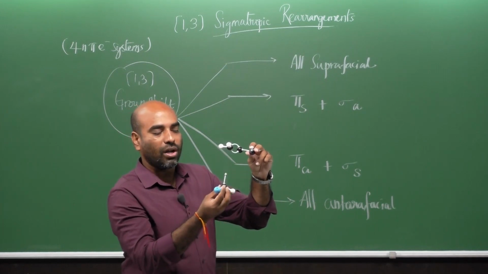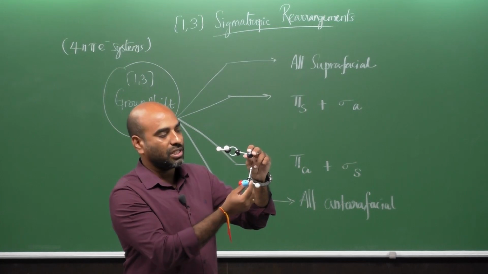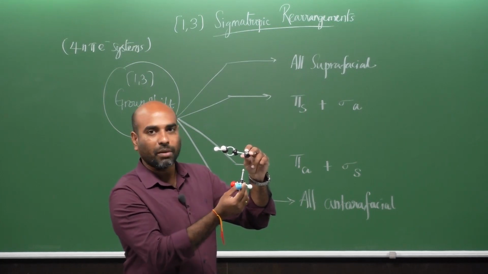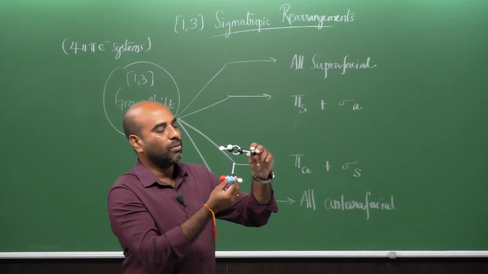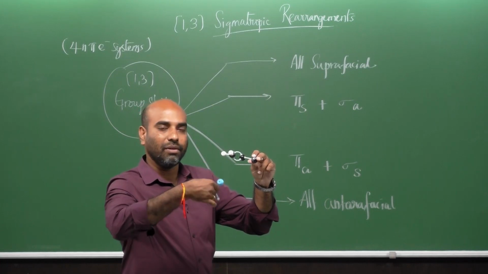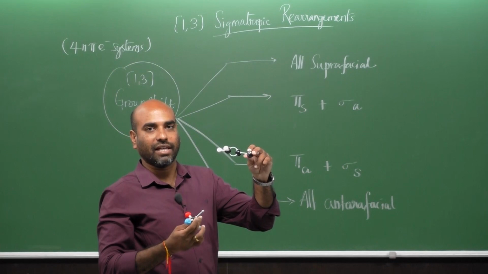You need to also look at the carbon center which is migrating. You have to see whether this carbon center is also moving on the same face or it is inverting or reversing its face during the course of the reaction.